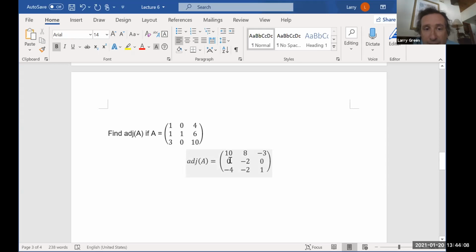So the 0 and the 8 switch. So that's an 8 now, and that's a 0. The -3 and the -4 switch. So that 4 becomes a 3, the 3 becomes a 4. The -2 and the 0 switch. 0 and -2.